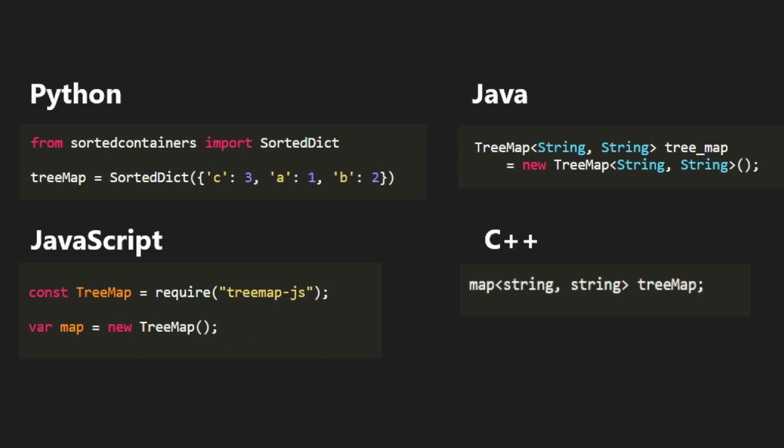Now, sometimes the interview question itself might be to implement the data structure or parts of it from scratch. But what's most important is understanding what kind of interface a tree map would have. Like the things that we talked about. You can insert, you can remove, you can search, you can iterate, you can do the in-order traversal, and understanding the associated time complexities of those operations, which we talked about.